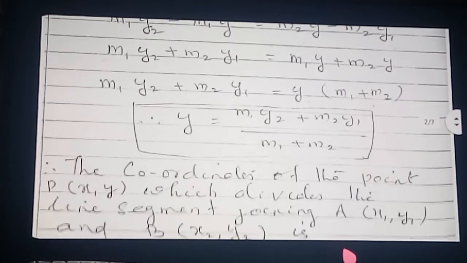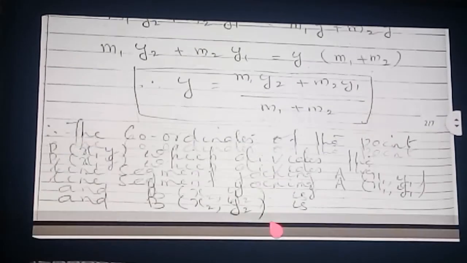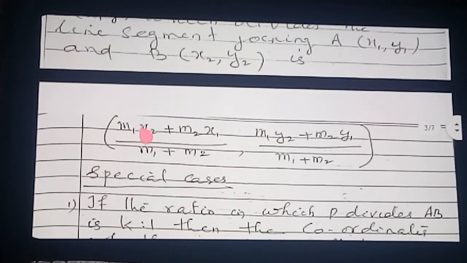Therefore the final conclusion: the coordinates of the point P(x, y) which divides the line segment joining A(x1, y1) and B(x2, y2) are (m1x2 plus m2x1) divided by (m1 plus m2), and (m1y2 plus m2y1) divided by (m1 plus m2).